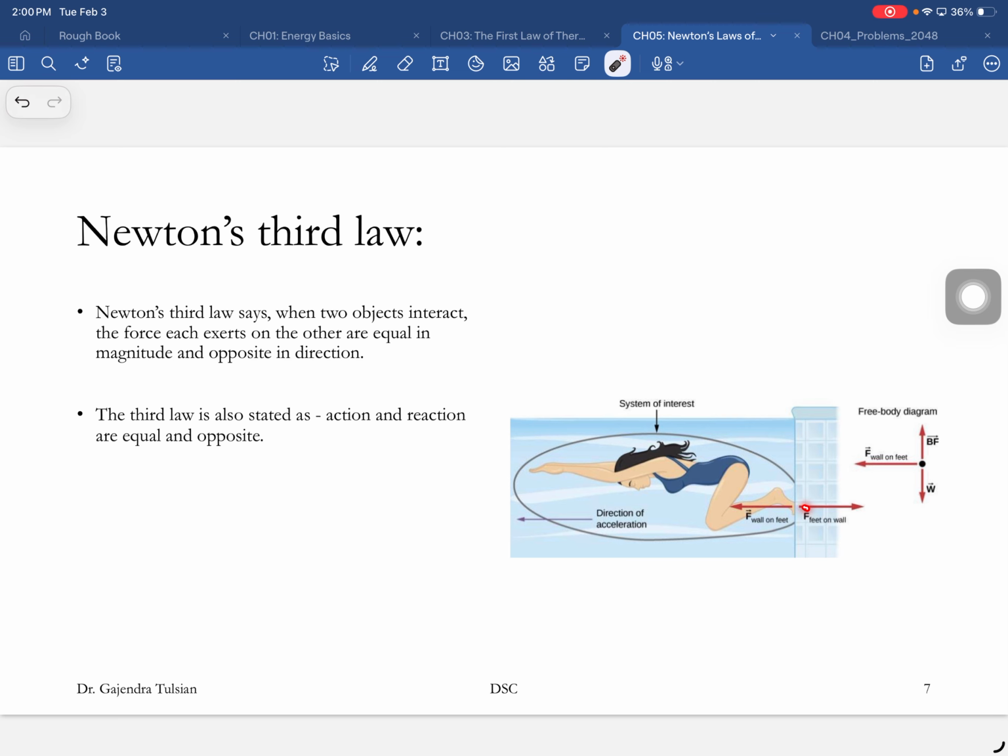So the force is toward the center of the Earth. The magnitude of the gravitational force is called your weight. So the force is always directed toward the center of the Earth, and the magnitude of that force is your weight.